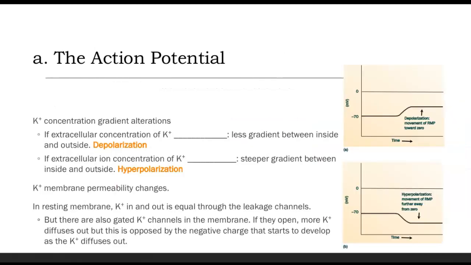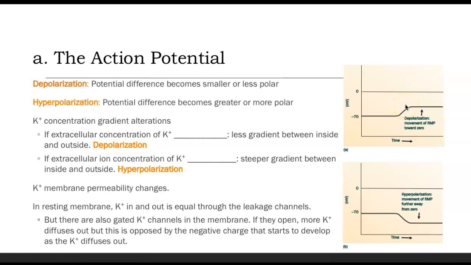Now let's move on to talk a bit more about action potentials. First, we will define depolarization. That is a potential difference that becomes smaller or less polar, meaning that we are moving from our resting membrane potential of -70 and becoming more positive.